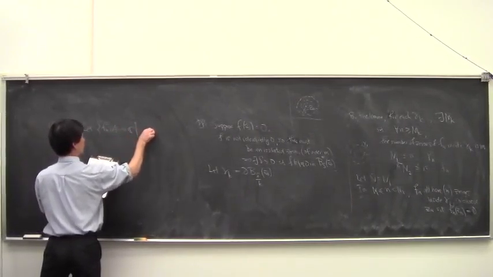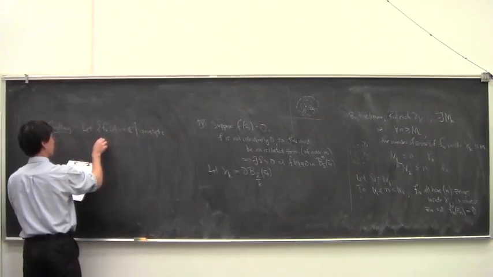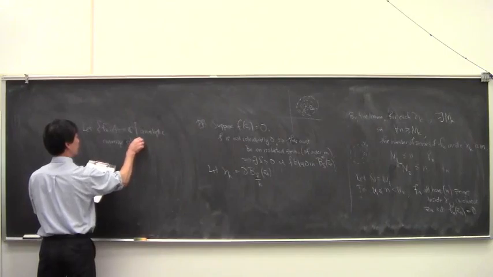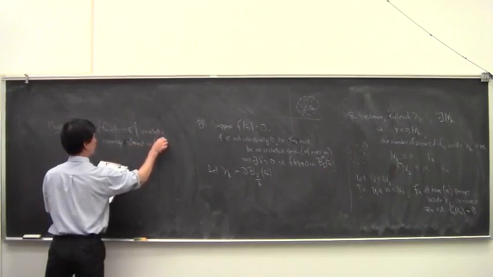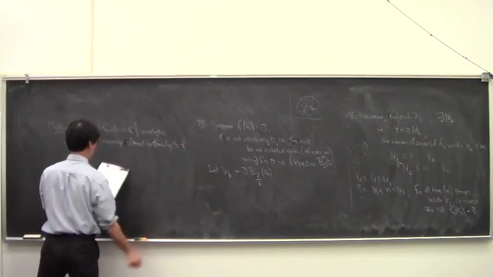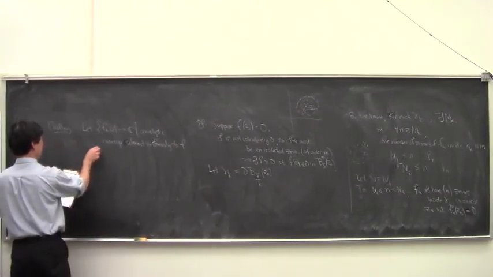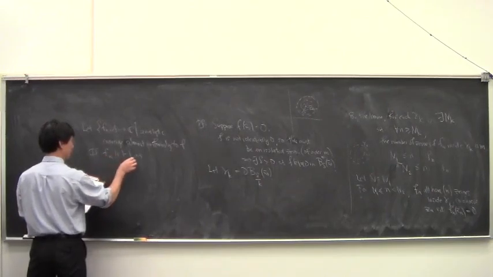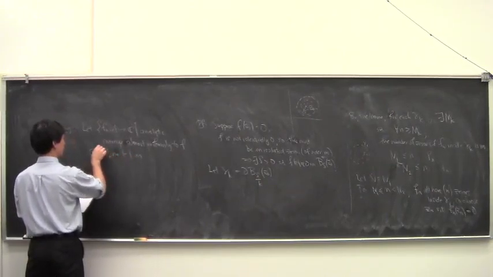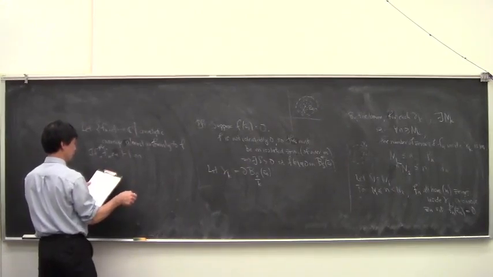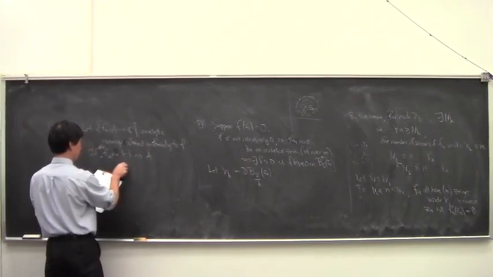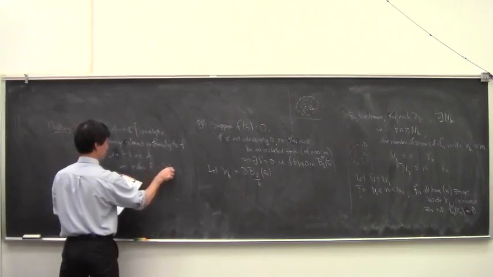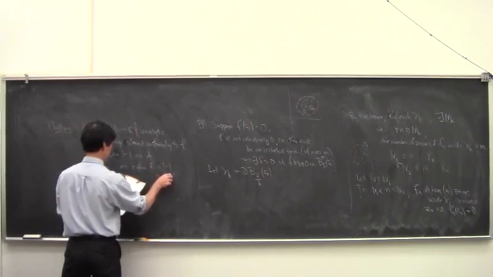These f sub n are analytic, and they converge almost uniformly to your analytic function f. If the f sub n are 1 to 1 on A, then either f is 1 to 1 or f is constant.